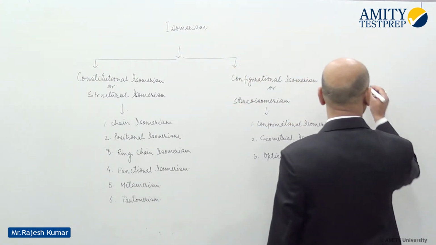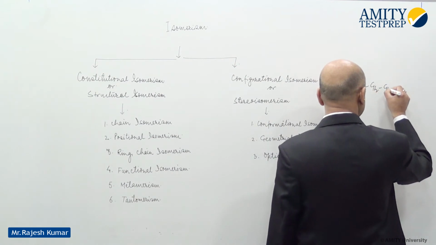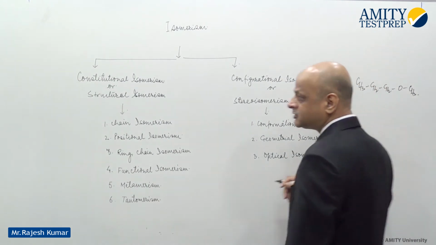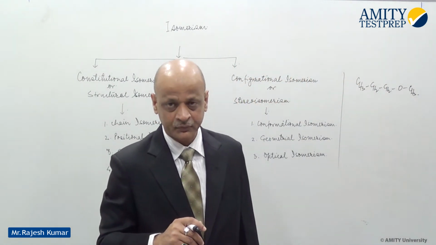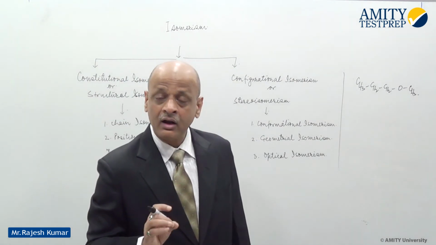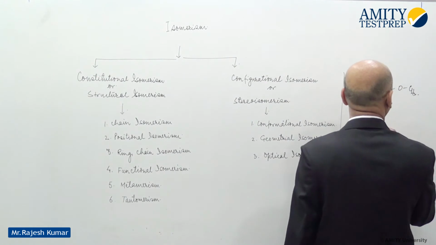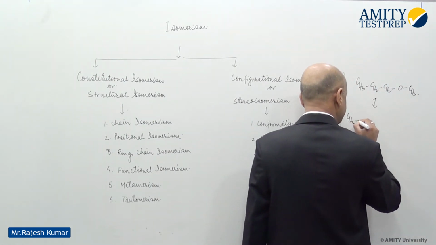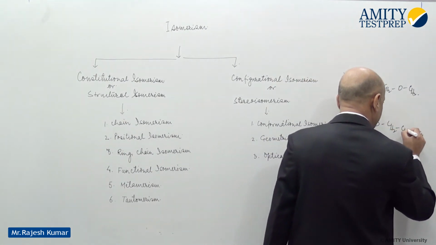Here ether is CH3, CH2, CH2, O, CH3. It is called methoxypropane. Okay, so it is an isomeric form. Another isomeric form is this one here, CH3, CH2, O, CH2, CH3.